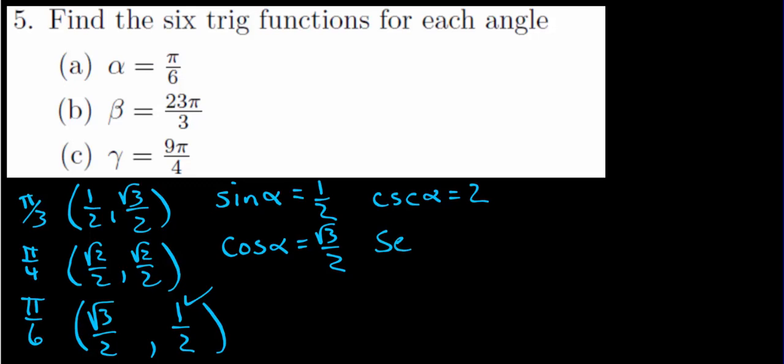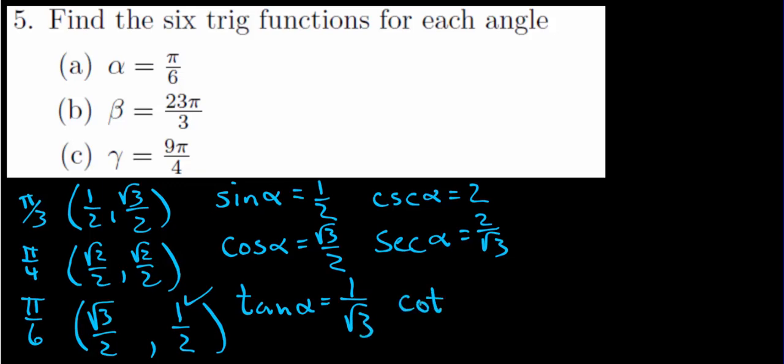Secant is its reciprocal. And then we've got tangent, which is sine over cosine, which is 1 over the square root of 3. Its reciprocal is cotangent, which is square root of 3. Okay, so there's the first one.